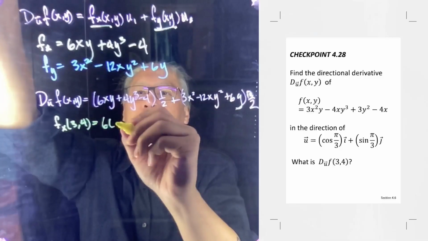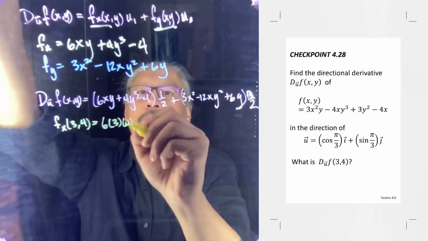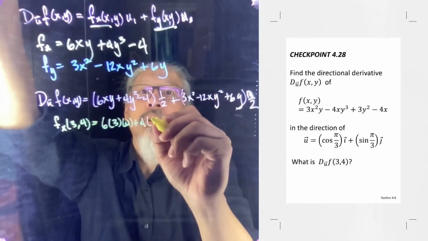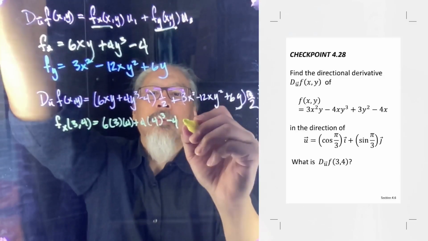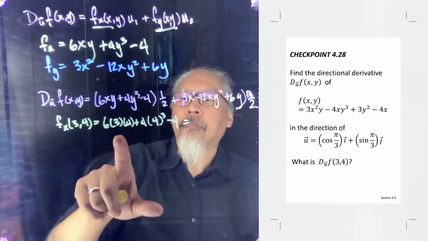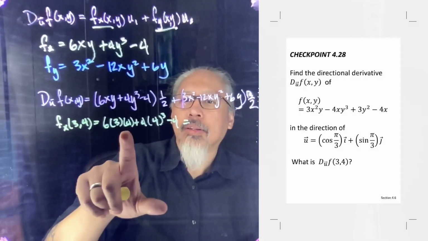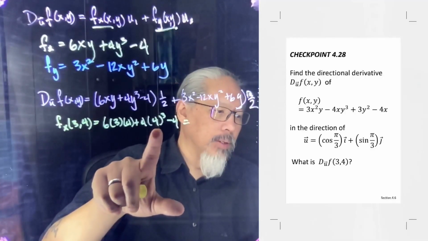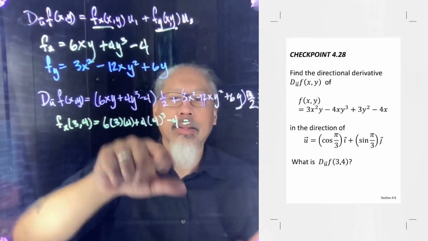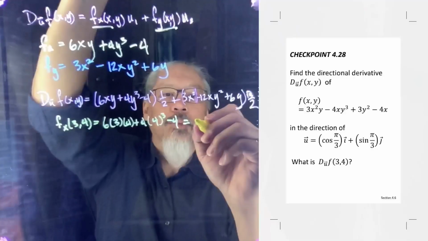So this is going to be 6 times 3 times 4 plus 4 times 4 cubed minus 4. So we have 36, 4 cubed. I think this is going to end up being negative 188.